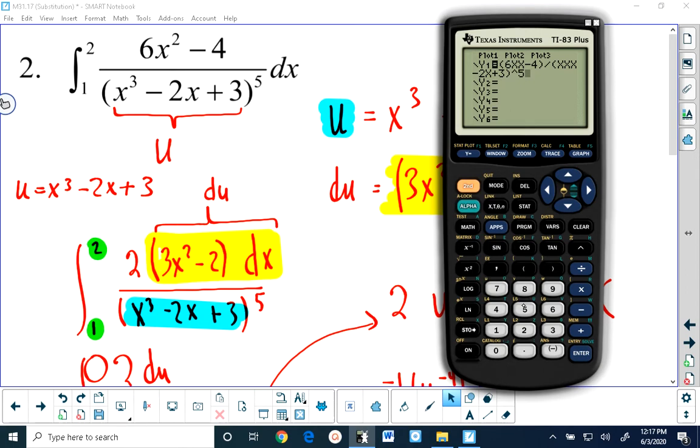I don't think we want to concern ourselves with what this thing looks like. Let's just go zoom 6. I don't know what we're going to see here, if anything. I mean, it's a degree 15 rational expression. So what I want to do now is calculate the integral from 1 to 2.